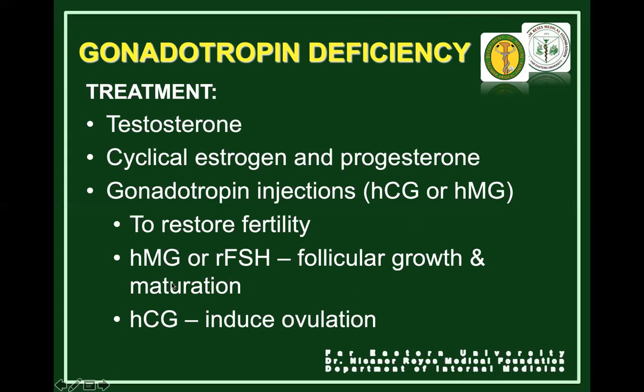So these are the two that can restore fertility. But as I mentioned earlier, if there is atrophy of the end organ, sometimes you will not be able to restore fertility. So this will probably be effective in those in the earlier stages.